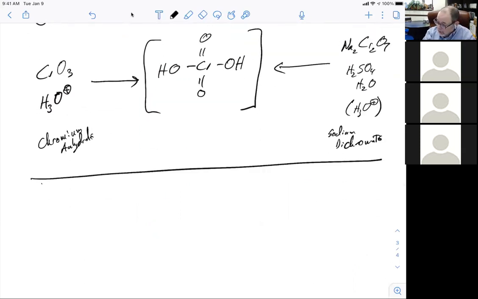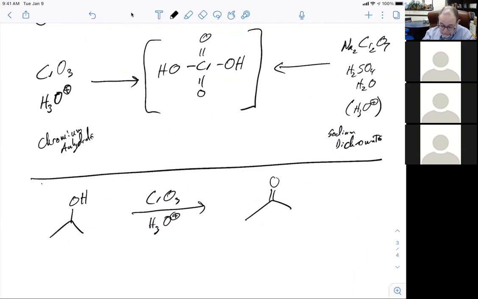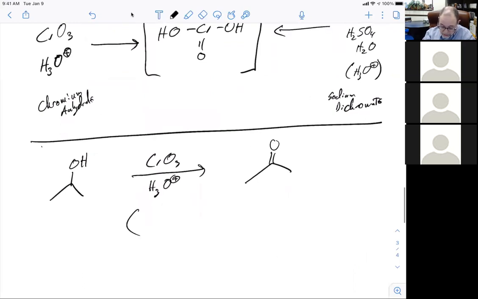So what happens? Well, if we add a secondary alcohol with one of these sets of reagents, we will end up with a ketone. Or we could have done the sodium dichromate.